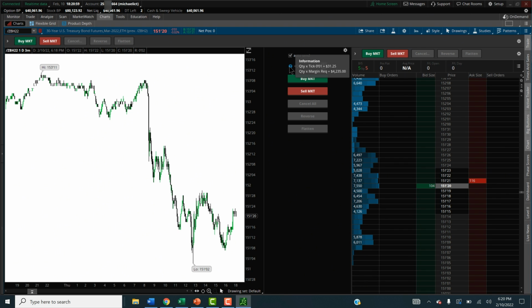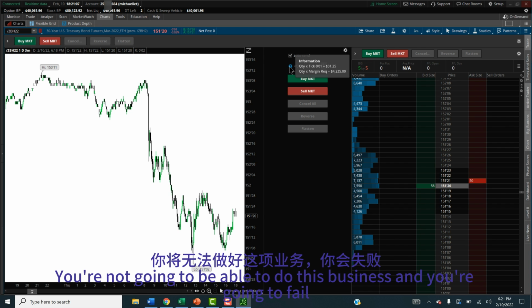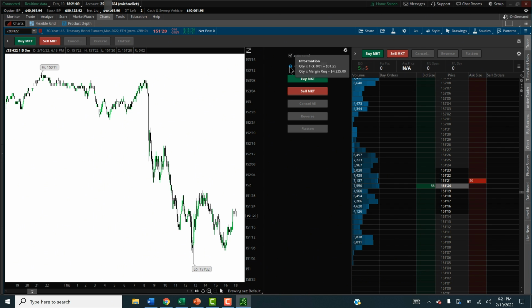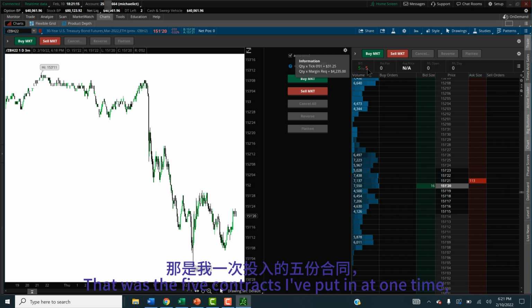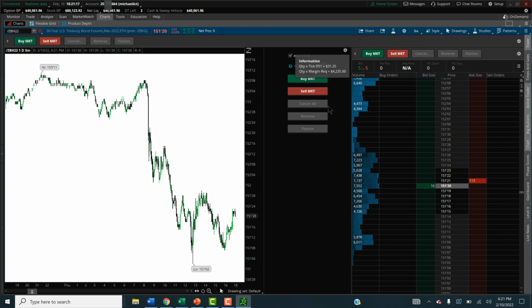It is possible. And transactions are just that. If you look at a loss as, well, it's failure, you're not going to be able to do this business and you're going to fail. Transactions, you can see the orders up here. That was the 5 contracts I put in at one time. And it would have been a payout of over $10,000 today.